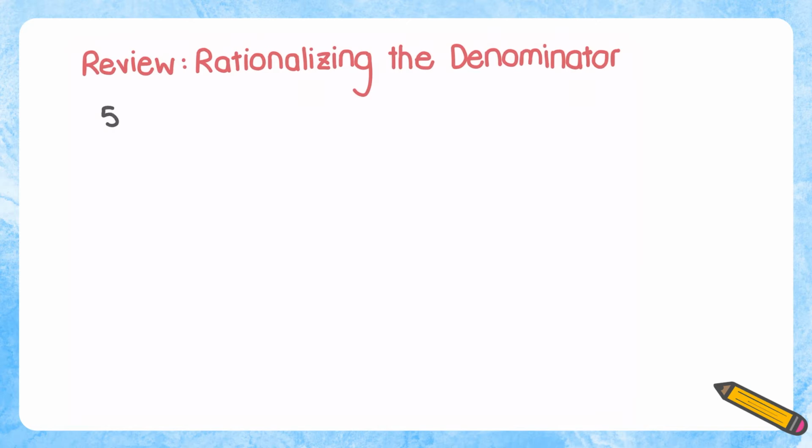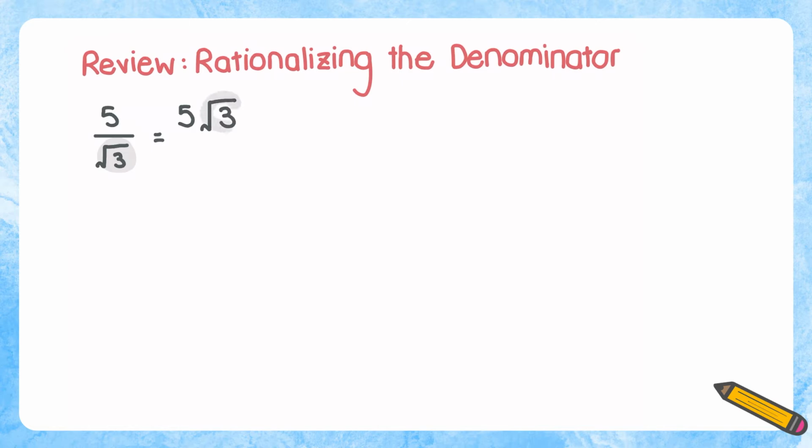Let's say we have 5 over radical 3. We don't want a radical in the denominator, so we have to rationalize the denominator by bringing the entire radical to the numerator.